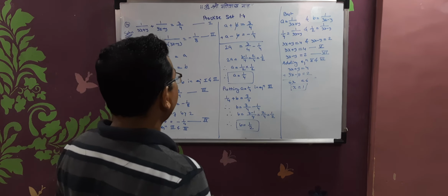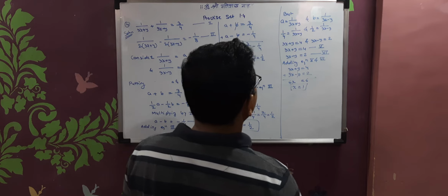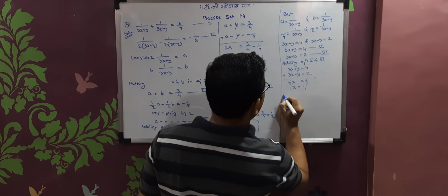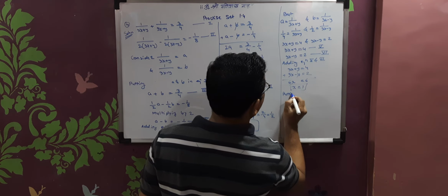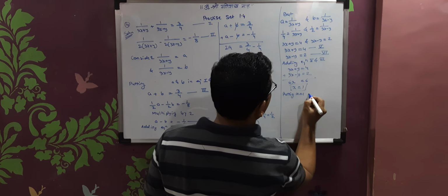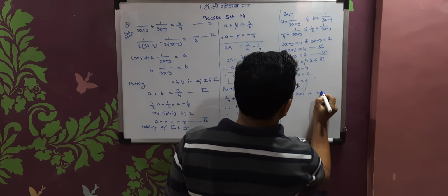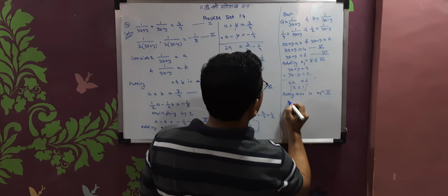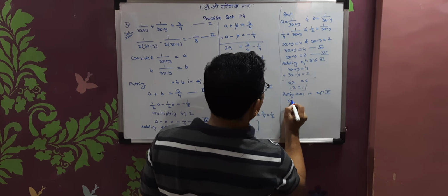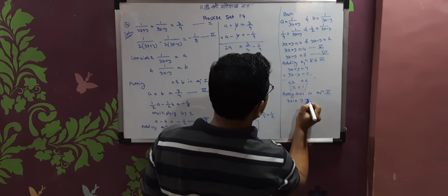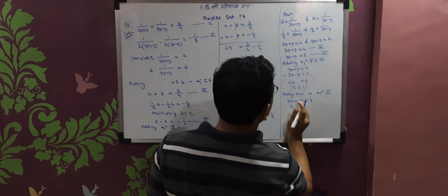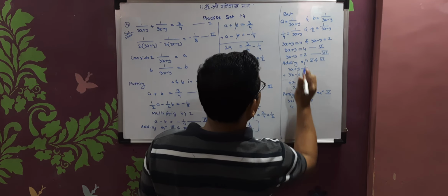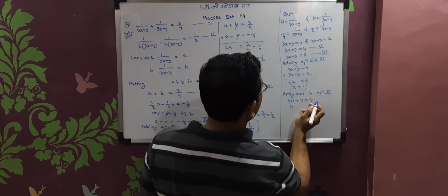Now putting value of x in equation 5. Putting x is equal to 1 in equation 5. So the equation will become 3 into 1 plus y is equal to 4. So this is 4. 3 into 1 plus y is equal to 4.